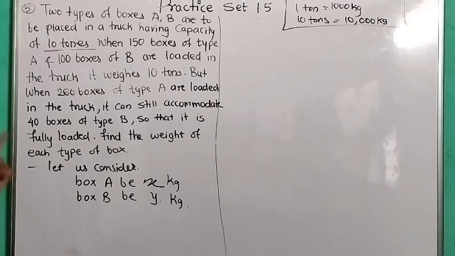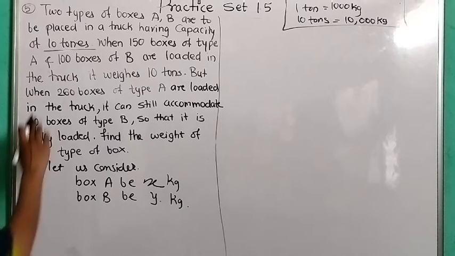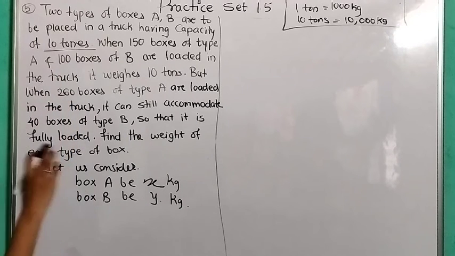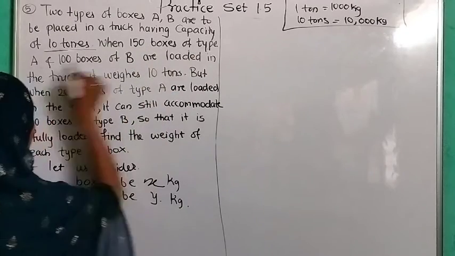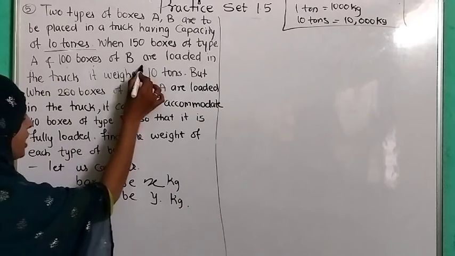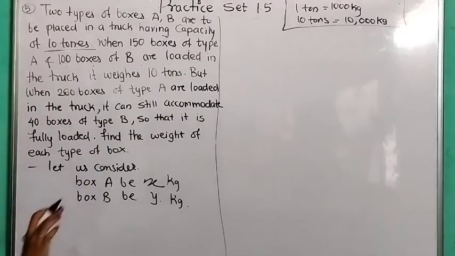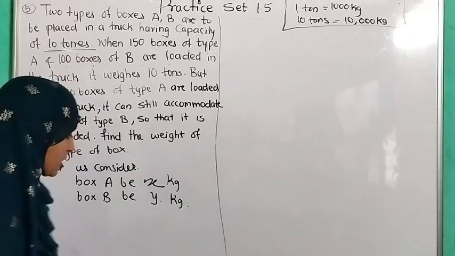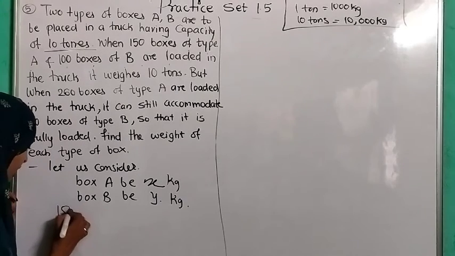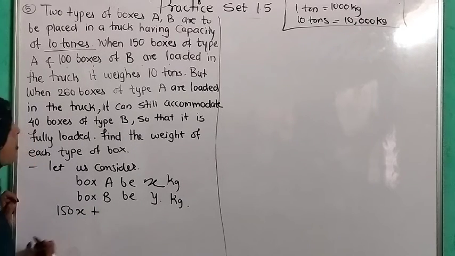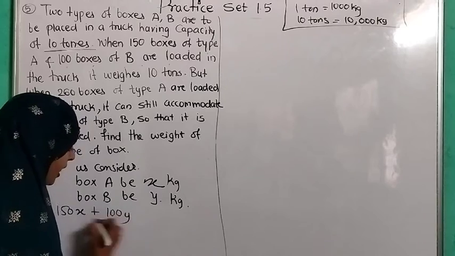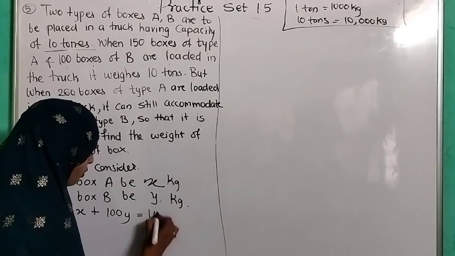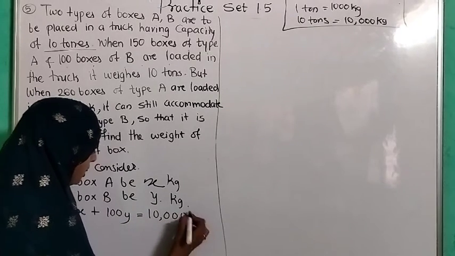Now see here, according to the first condition, two types of boxes A and B are placed in a truck. When 150 boxes of type A and 100 boxes of type B are loaded, the truck weighs 10 tons. Means 150x plus 100y is equal to 10,000 kg.